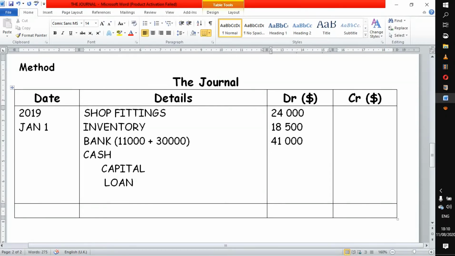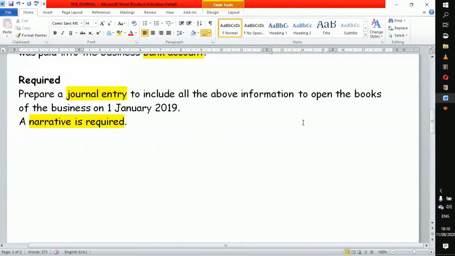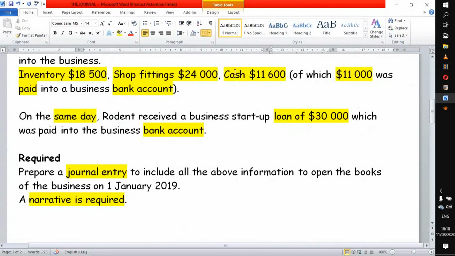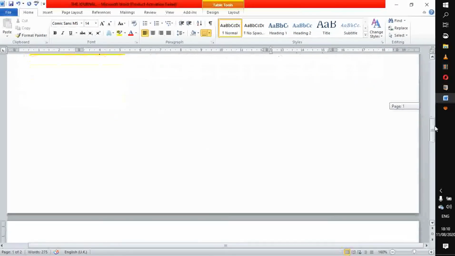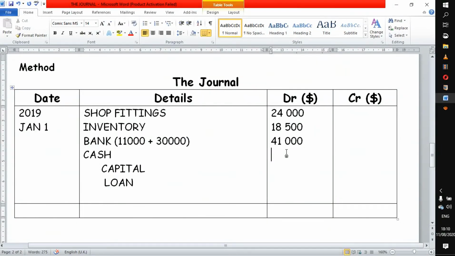And again, I want you to understand the cash situation at the moment. The cash originally was 11,600, but 11,000 was deposited into the bank, which means in the cash box, only 600 remained on that day. So cash at hand is 600.